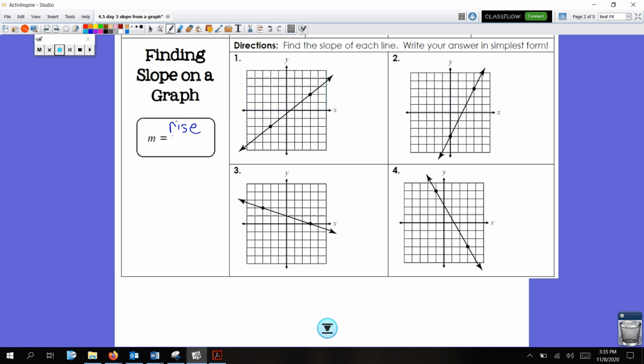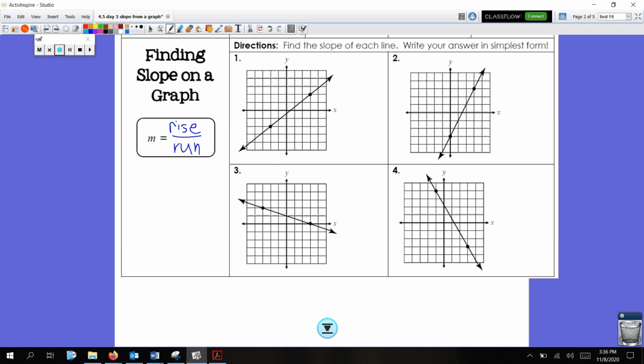Rise over run. All right, when we talk about the vertical rise, we start at the lowest point. So we're going to count how many units, and it needs to be on an exact coordinate. Notice this point is right here. I wouldn't pick a point that was right here because it's not an exact coordinate. This is the point. Let's see, it's -2, -2.